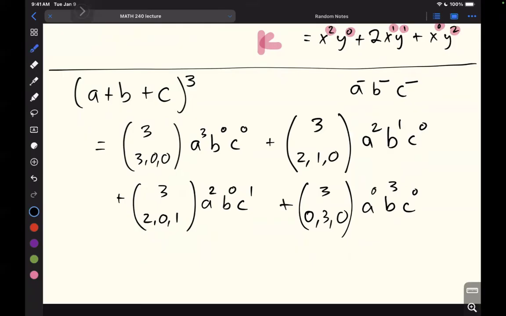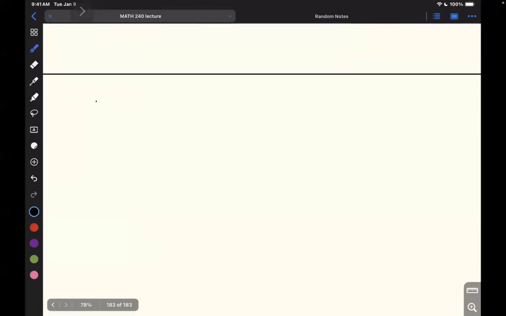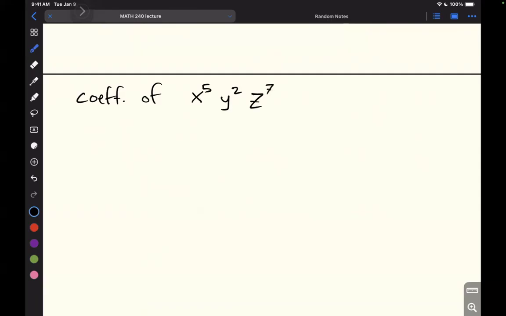So for example, I would like to know what is the coefficient of x to the 5th times y squared times z to the 7th in the expansion of 2x minus 3y plus z to the 14th.